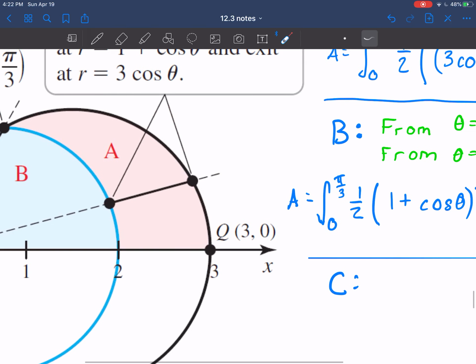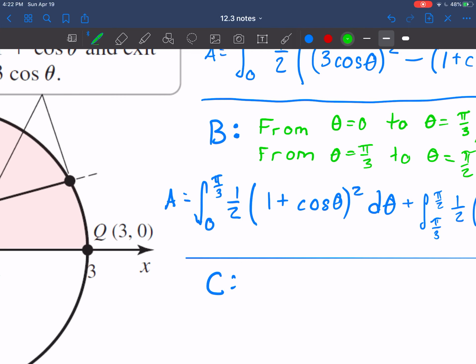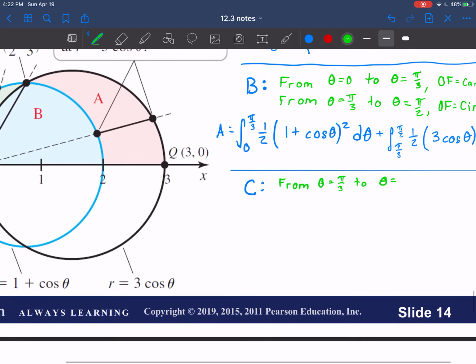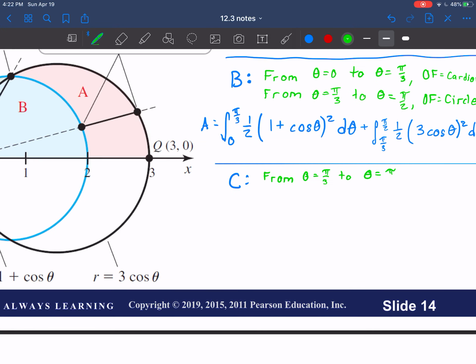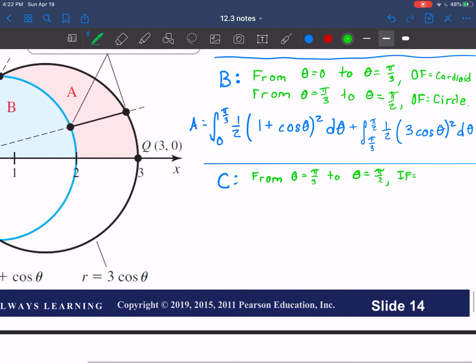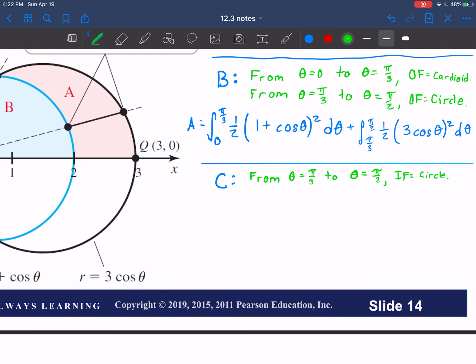Let me write that in words. So from theta equals pi over 3, right? That's where it starts, yep. To theta equals pi over 2, the inner function is the circle, and the outer function is the cardioid.